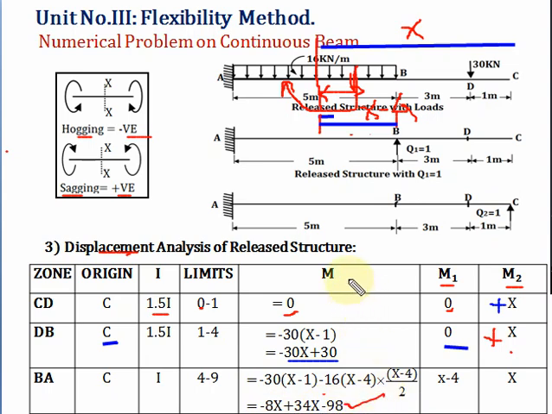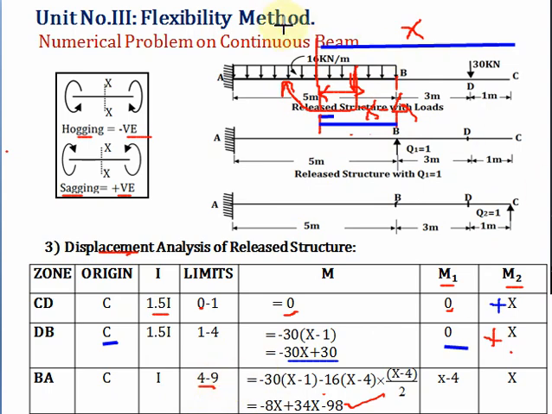This will be the bending moment in portion BA. Here we are considering the limit 4 to 9. At point B the length is 3 plus 1, 4, measured from C because the origin is C. At point A the length is 4 plus 5, 9. So the limit is 4 to 9.